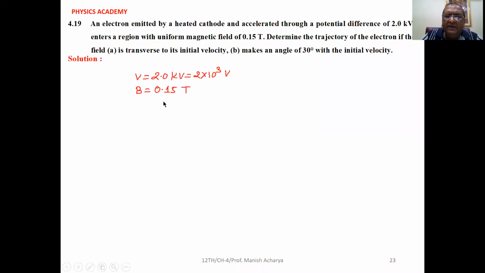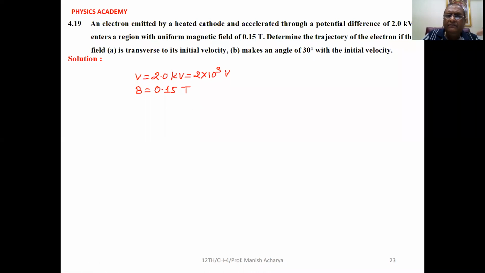Now see, the potential difference of 2 kilovolt means 2 into 10 raised to 3 volt. That is given to you. Electrons emitted by the heated cathode are accelerated by this potential difference, and then enter the region with magnetic field B equal to 0.15 Tesla.